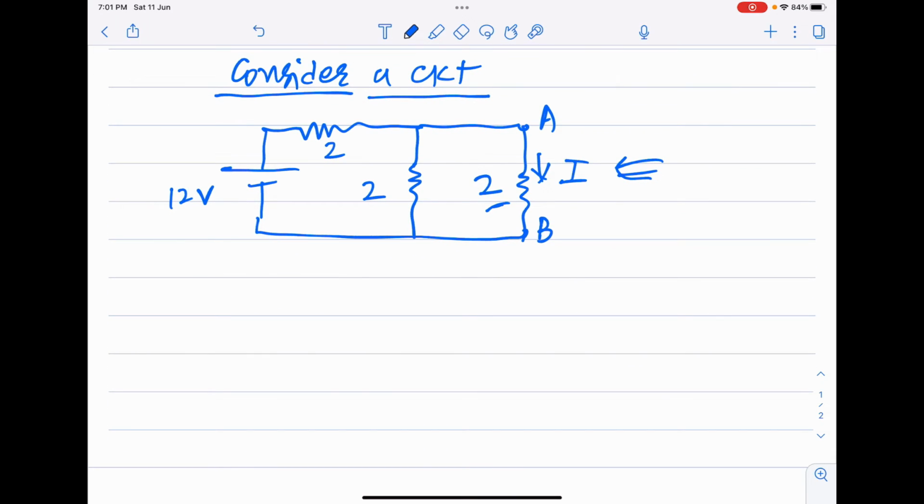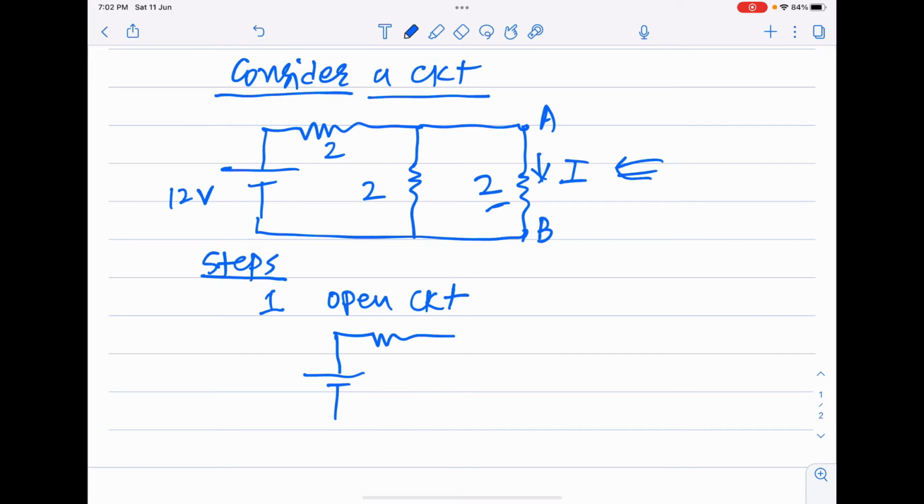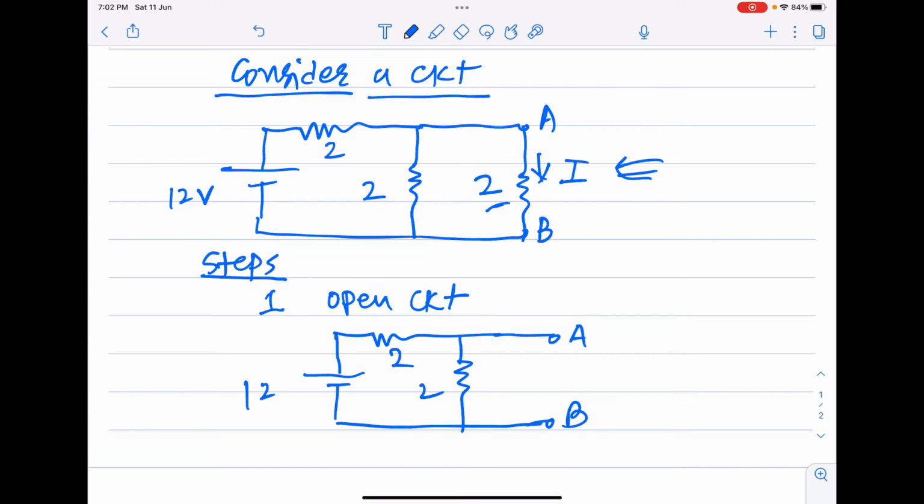So the steps will be like this. First of all, you need to open the circuit where you have to apply the Thevenin theorem. So I will modify the circuit now in such a way that I will remove this resistance temporarily between the points A and B. I will reconnect it later. And this is a 12 volt voltage source.